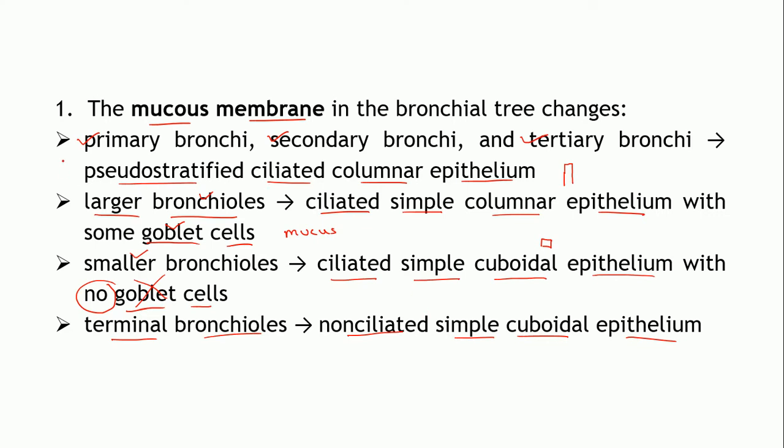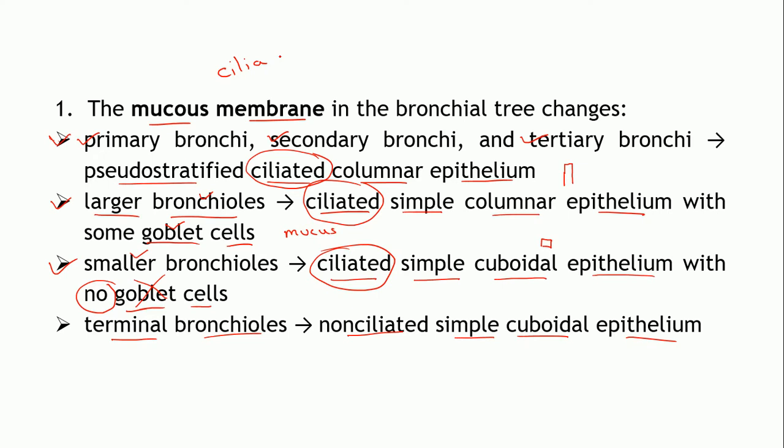In these first 3 areas, the types of cells are ciliated, right? Ciliated means they contain the cilia.